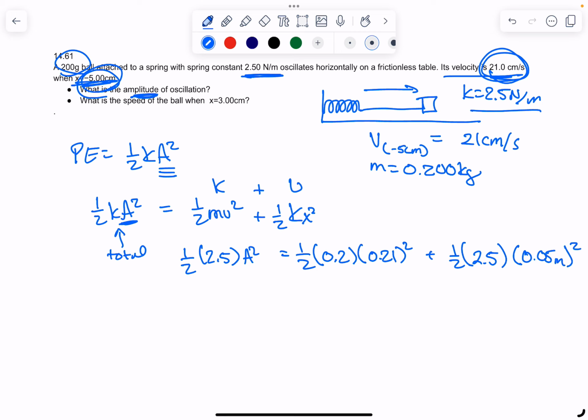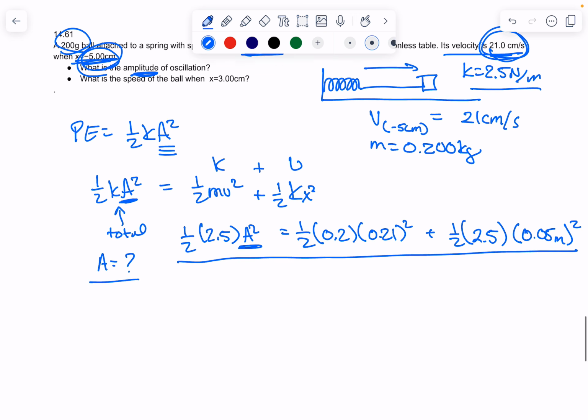I'm doing some conversions. And we have a big equation with lots of numbers, but just one unknown, a. So simply do some algebra and solve for a.